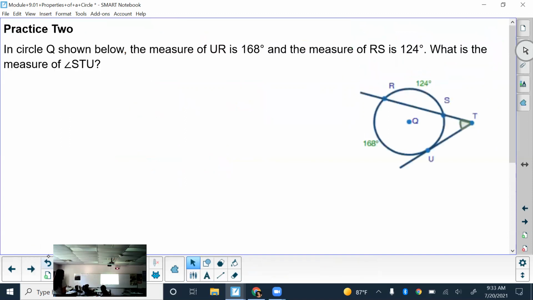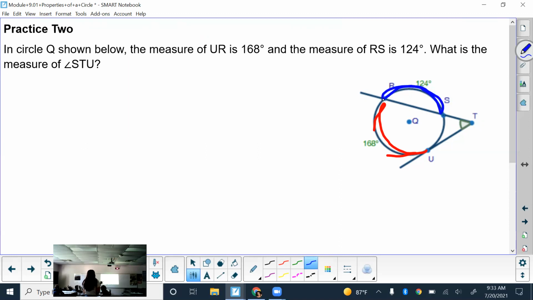All right, practice 2. We have circle Q shown below. The measure of UR is 168, which is already labeled. The measure of RS is already labeled, and that's 124. What is the measure of angle STU?